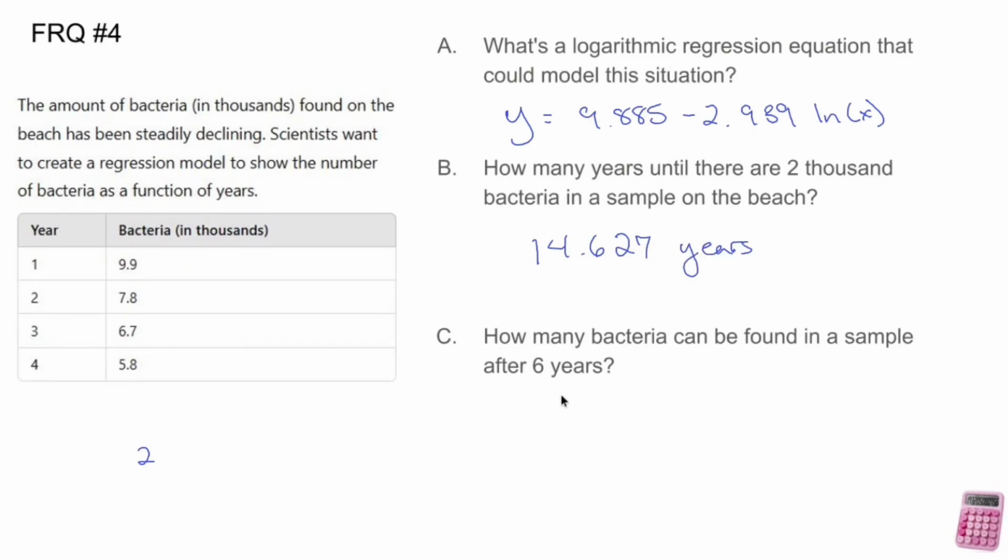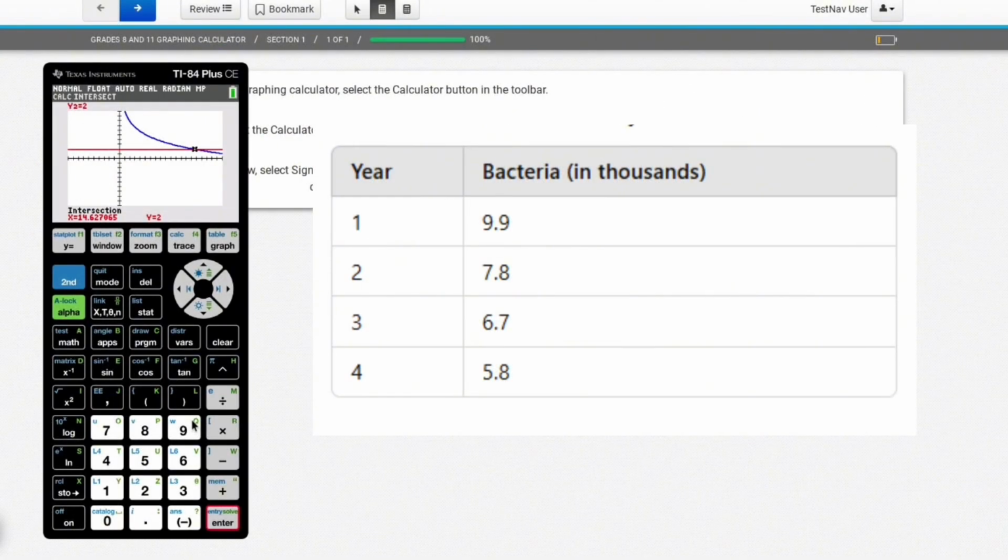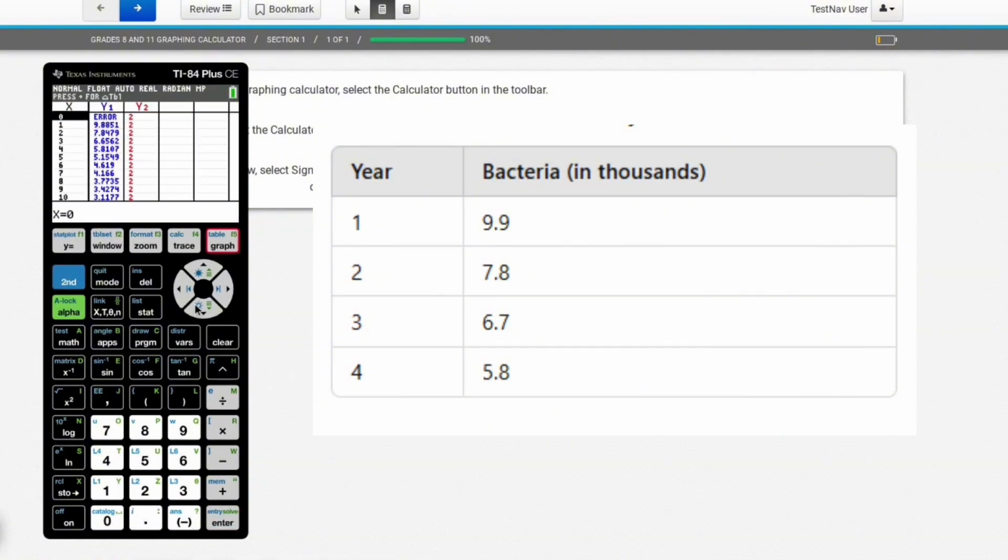Okay. How many bacteria can be found in a sample after 6 years? This actually is a lot friendlier. All we have to do is just go to the table. So let's go to the table and see what happens. Part C is asking us how many bacteria can be found in a sample after 6 years. So we're just going to go to second table. We could see 6 already. Oh, I still have my old guy there. Don't worry about it.